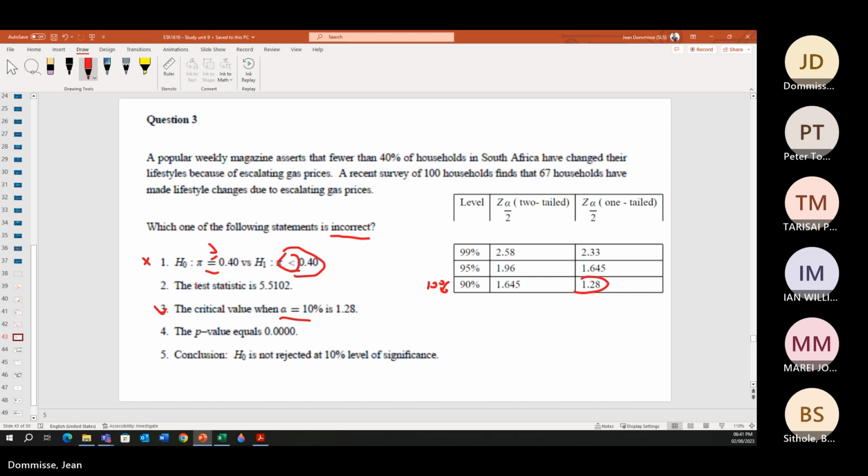Then we need to look at the critical value, because that's the easier one to do. The one tail critical value of 10% is 1.28. So the next thing to look at, let's work out the Z value. But let's first see what we know about this.